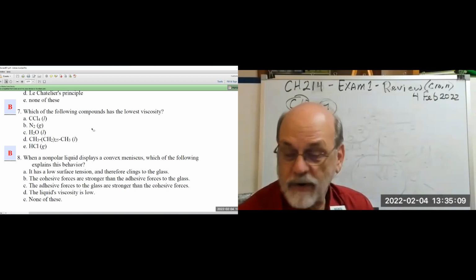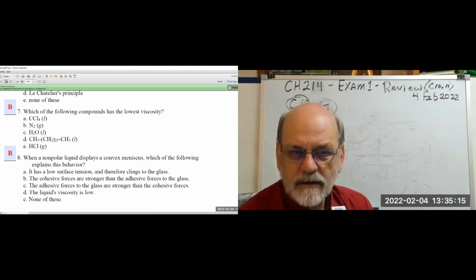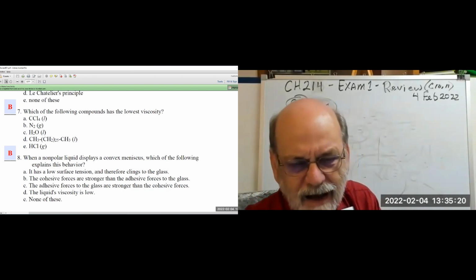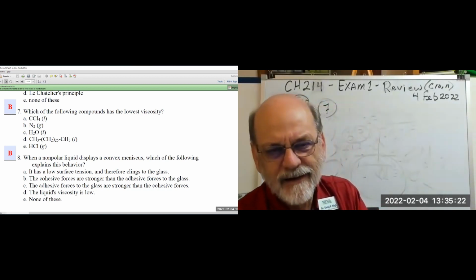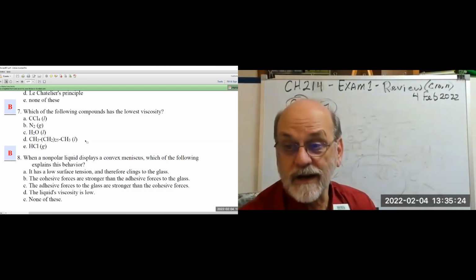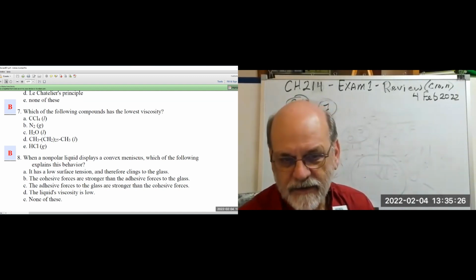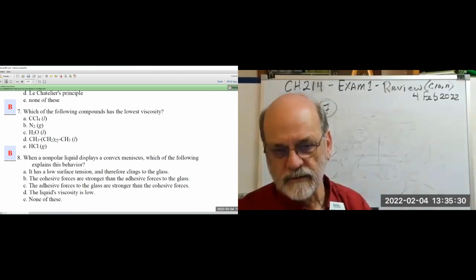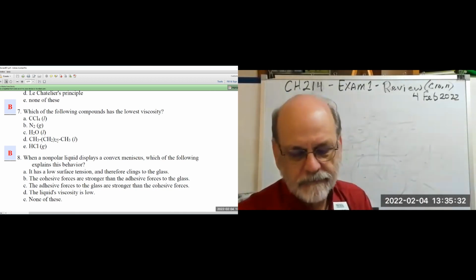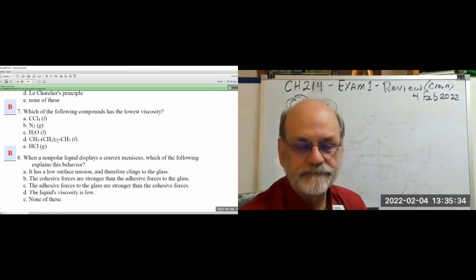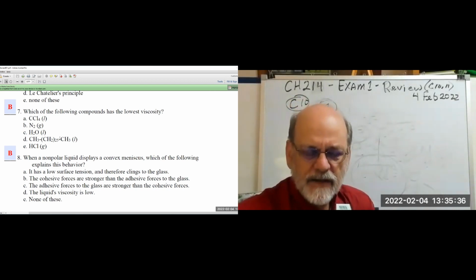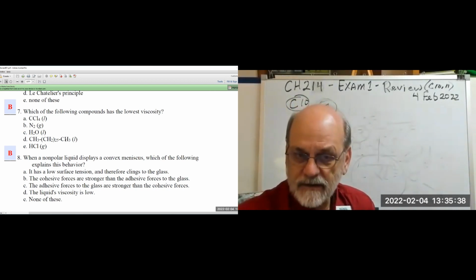We can count water out because it's polar. Now these, carbon tetrachloride, nitrogen, and this compound, which is, let's see, well, it's a long chain hydrocarbon, right? This internal group here times 25, it's a long molecule. It's like axle grease. So it has very high viscosity.